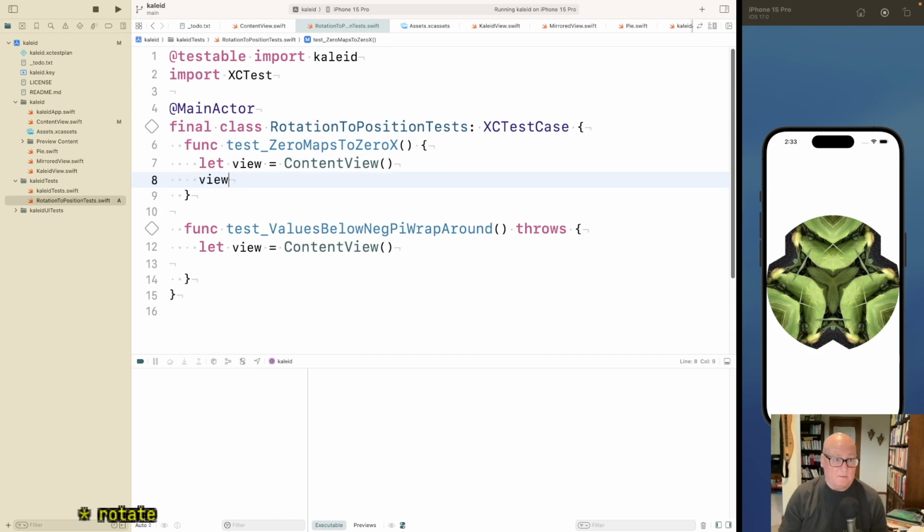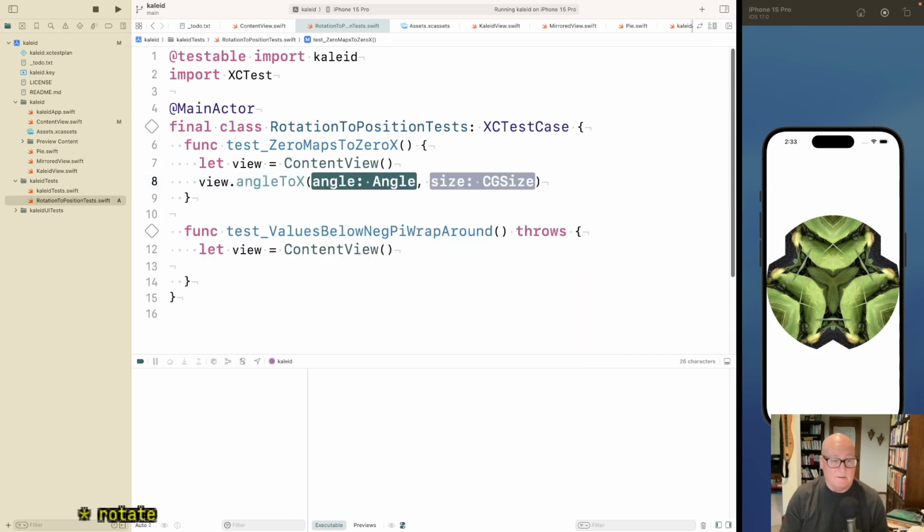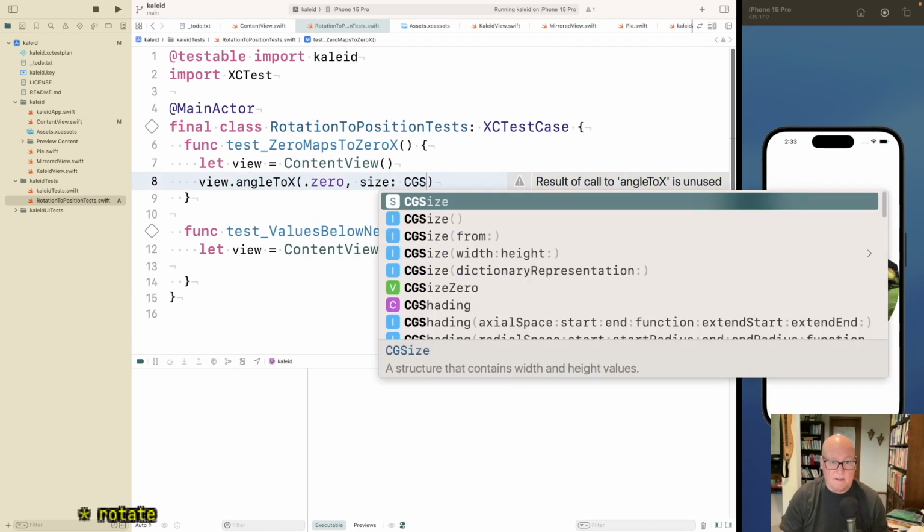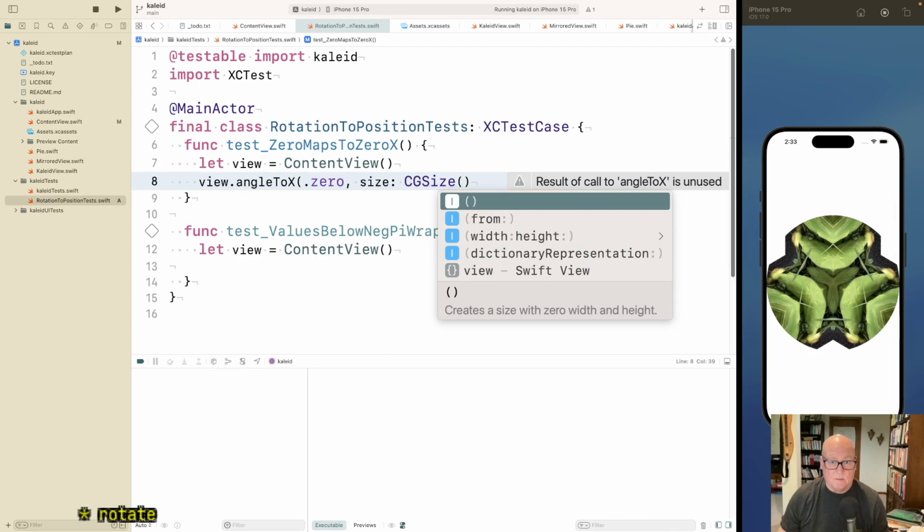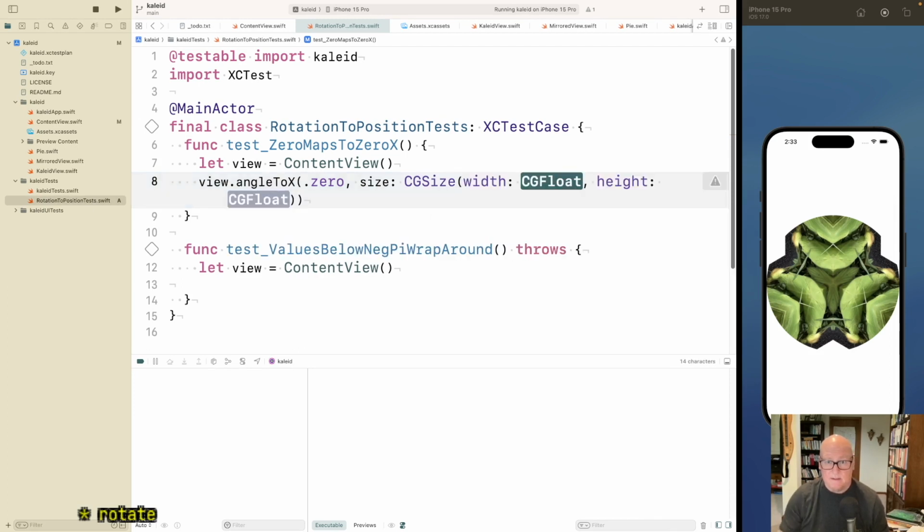Okay, and then if we call view dot angle to x for dot 0, and the size is CG size, width, and height.